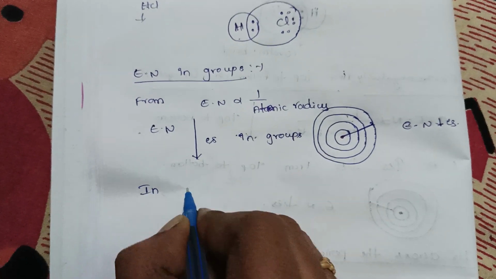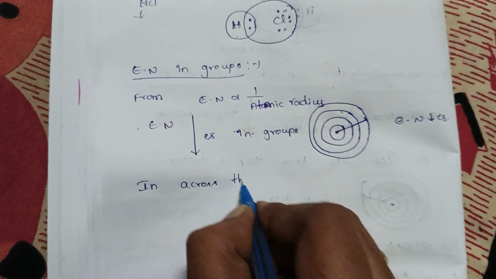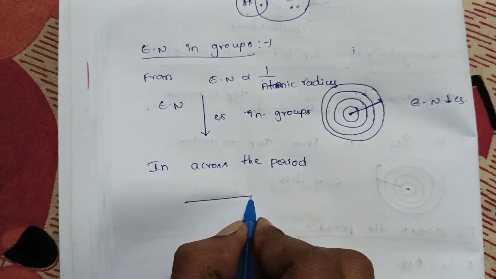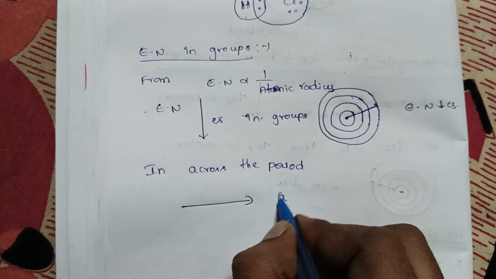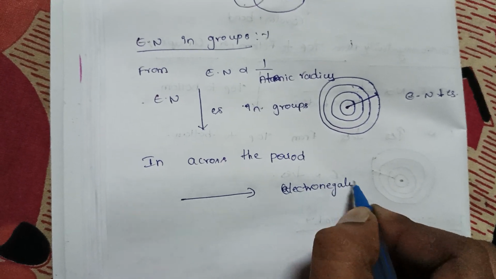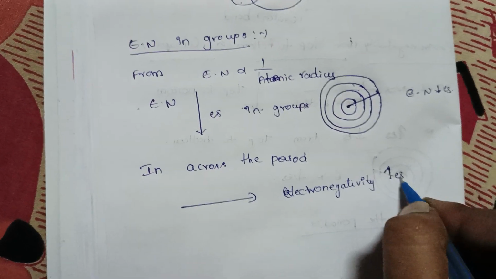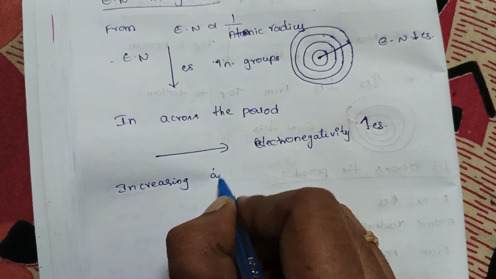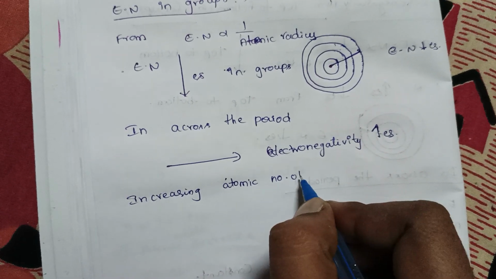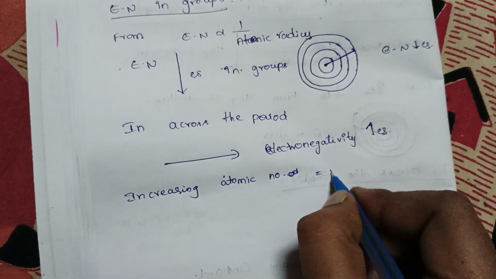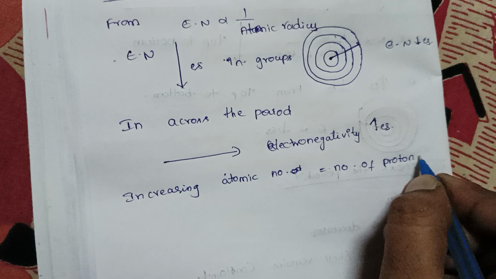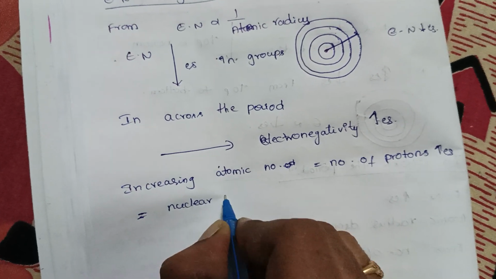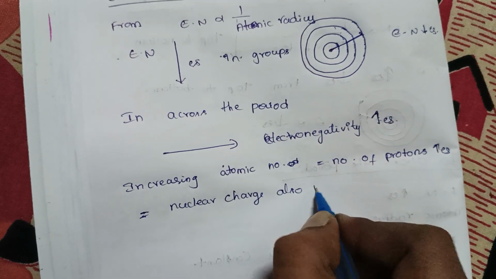Across the period, from left to right, electronegativity increases, because the atomic number increases, the number of protons increases, and the nuclear charge also increases.